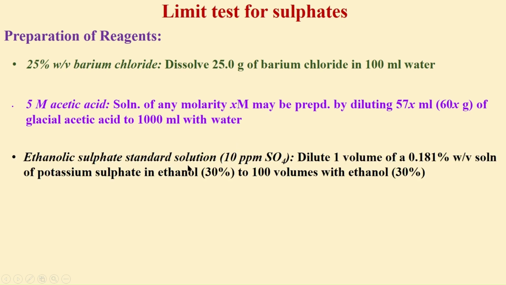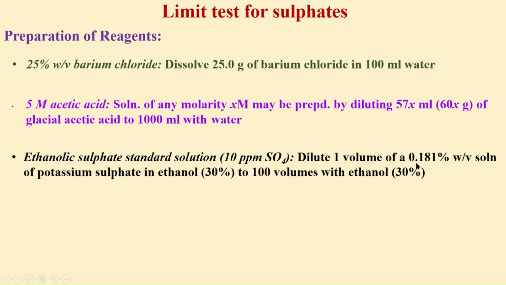Ethanolic sulfate standard solution we use contains 10 parts per million of sulfate ions. We take one volume of 0.181% weight by volume solution of potassium sulfate prepared in 30% ethanol and make up the volume to 100 ml with 30% ethanol, then it gives standard ethanolic sulfate solution.